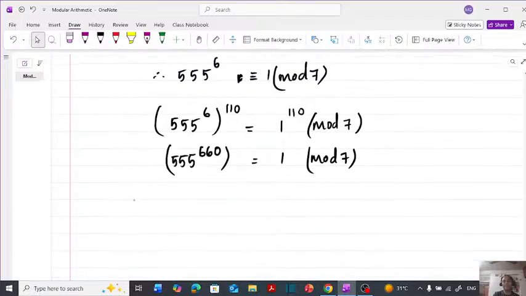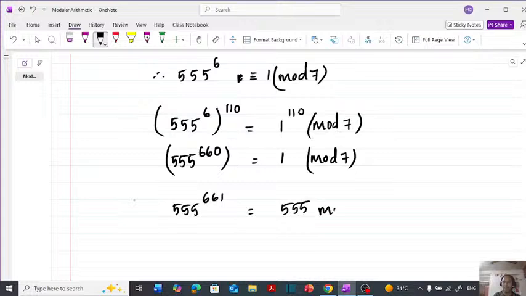So now 5^55, yeah, so we wanted it to be multiplied one more time. So now I'll multiply 5^6 here, 661 we want. So that is basically we are multiplying 5^55 mod 7. All right, now let us see how much mod 7 we can go over here.